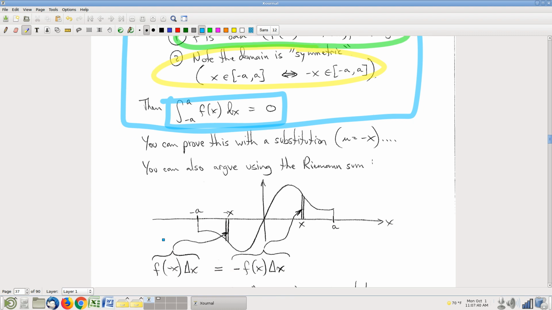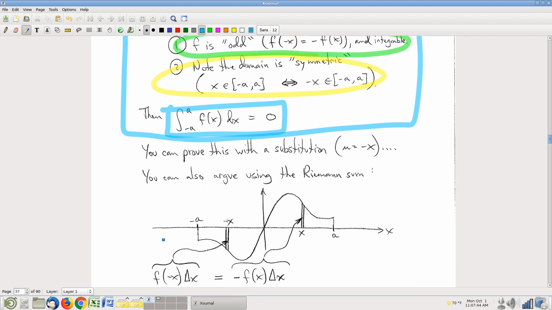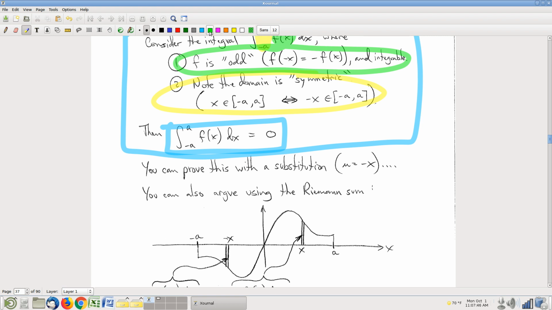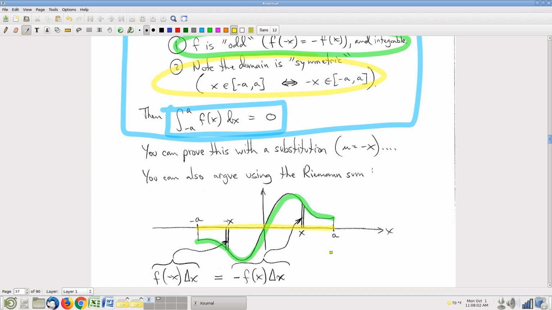And the argument is a pretty straightforward argument, because the integrand, if I can draw, the oddness of the integrand, combined with the symmetry of the domain, makes this picture where, well, look, we've got whatever positive area, if you want to think of integrals as area, right?